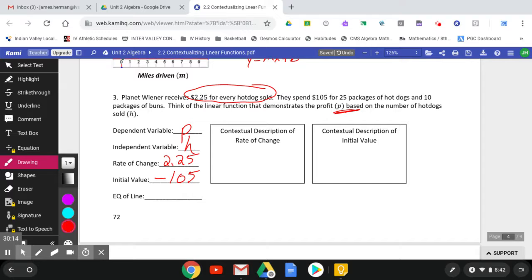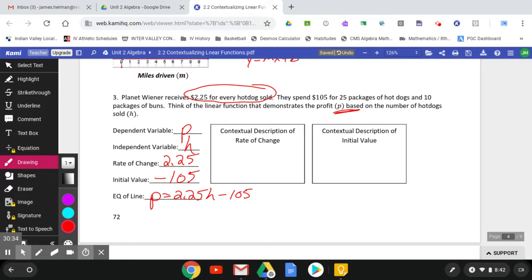Do you know the dollar sign is on? So what's my equation of my line? P equals 2.25 H minus 105. Okay.